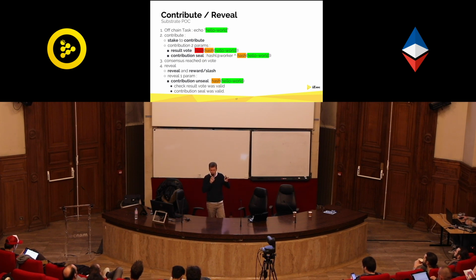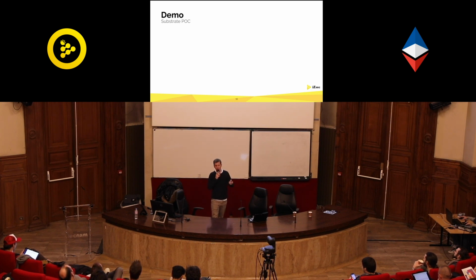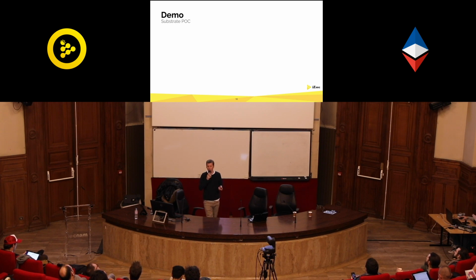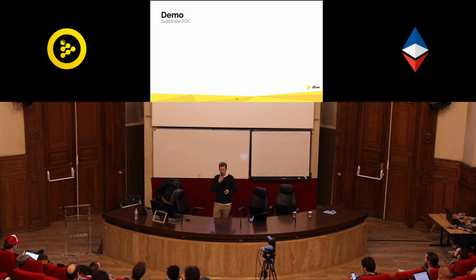So that was just an introduction of our economic game for off-chain compute, and we try to modelize this economic game and code it into Substrate. Today we have developed this as a smart contract, and we wanted to see what the difference is between a smart contract and writing this kind of code in Substrate runtimes.